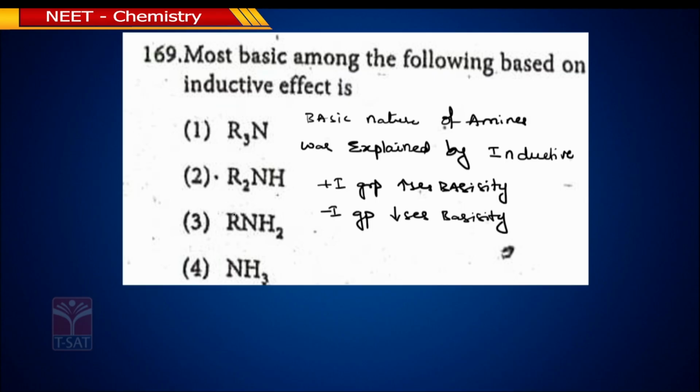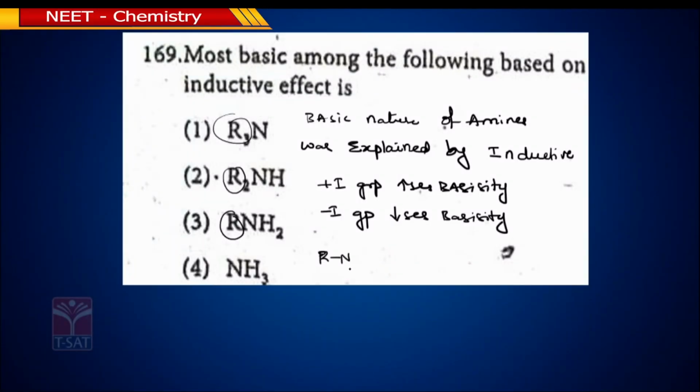So, here these all are +I groups only, but the more the number of R groups, alkyl groups being +I groups. R3N means it will be like this, R. So, more electron donating groups will be there, because of which more electron density on nitrogen. If electron density is more, it is more basic in nature.